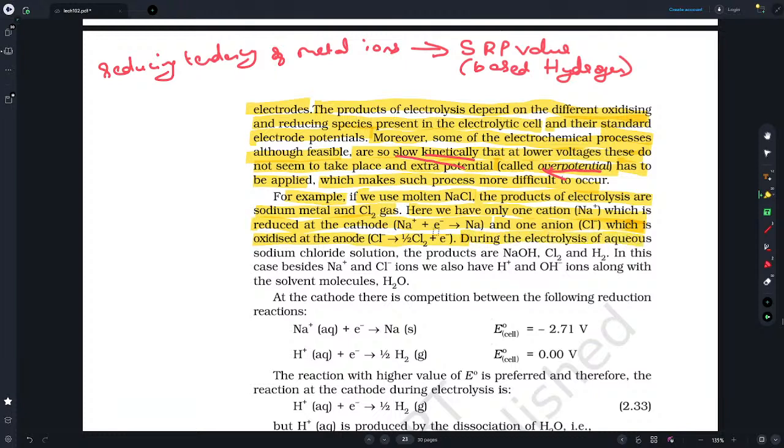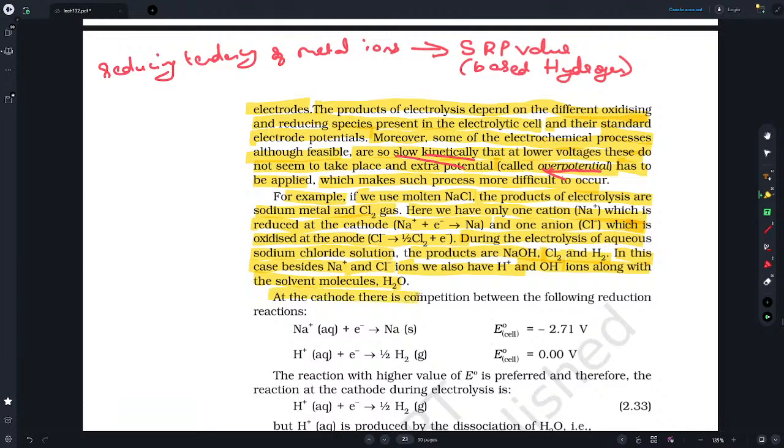During the electrolysis of aqueous sodium chloride solution, the products are NaOH, sodium hydroxide, chlorine, and hydrogen. The alkali formation process. In this case, besides Na+ and Cl- ions, we also have H+ and OH- ions along with the solvent molecules H2O.